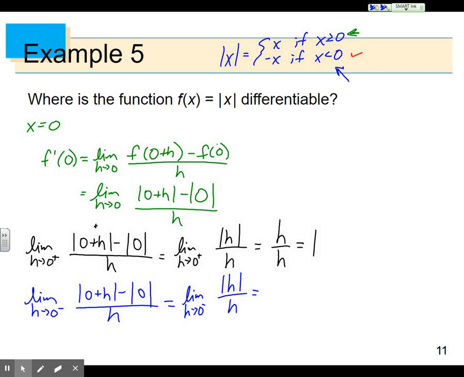So that's actually going to give me negative h over h. Those will cancel and give me negative 1. I have two limits approaching 0 from opposite ends that do not agree. And since my limits are my derivative, then what I can conclude is f prime of 0 does not exist.